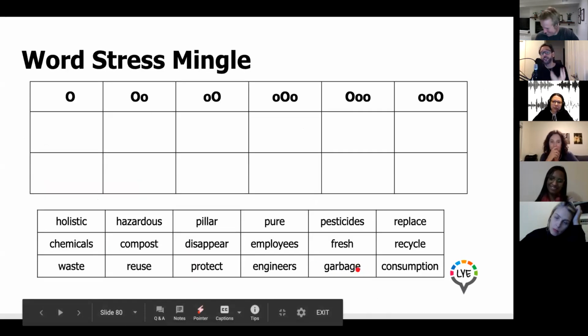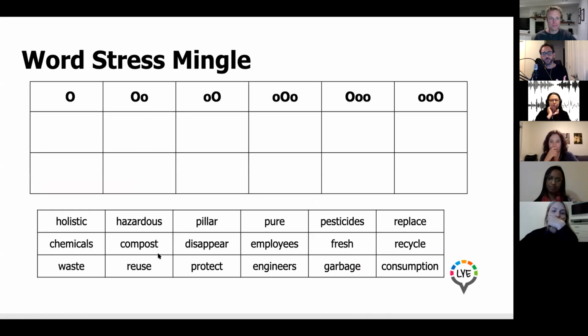So here's an example of how we can make pronunciation a little bit visible. As you can see, here we have a list of words from an EAP pre-program that we were teaching. Based on this lexical set, you can kind of guess the theme of the lesson, right?